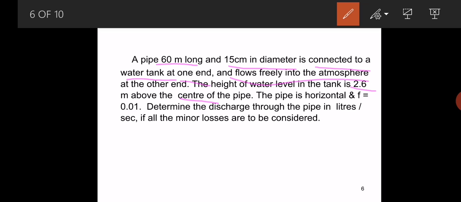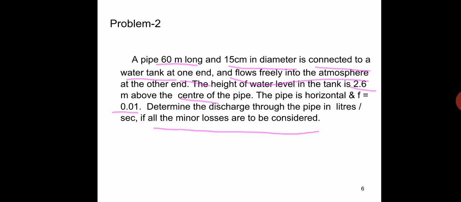The pipe is horizontal and f is equal to 0.01. Determine the discharge through the pipe in liters per second if all the minor losses are to be considered. So we have to calculate the discharge through the pipe, and while calculating it, we should consider all the minor losses.